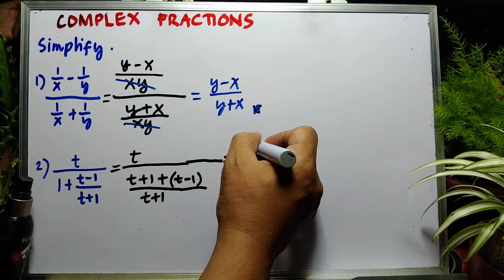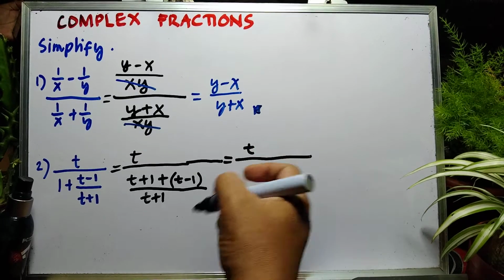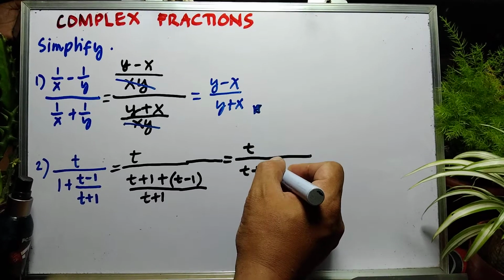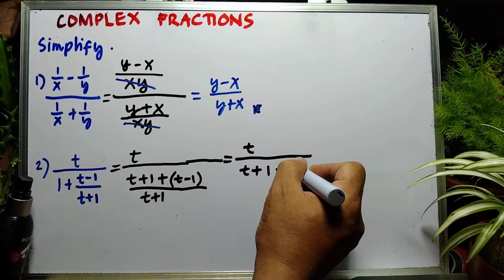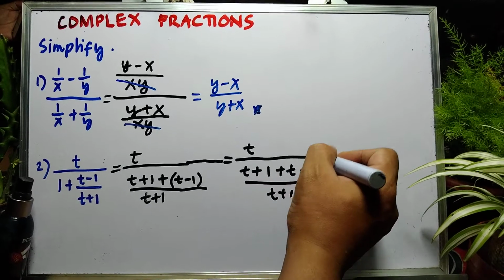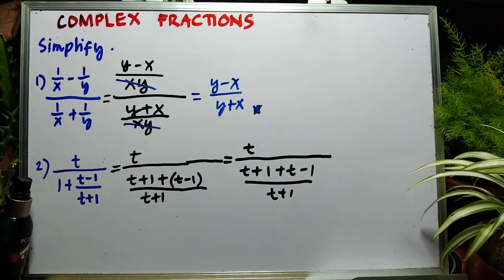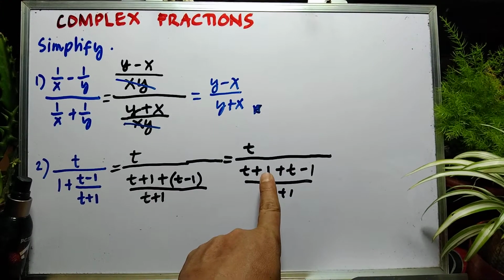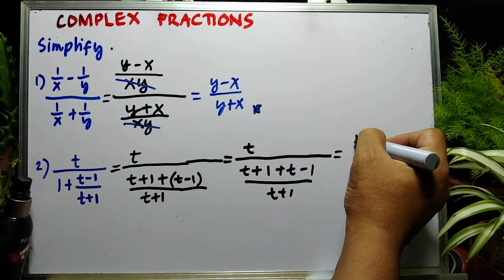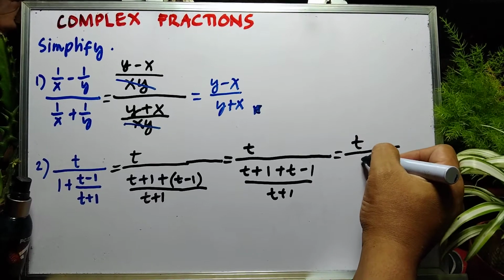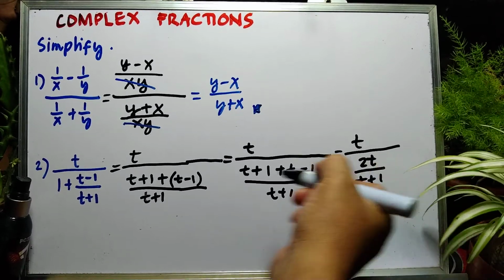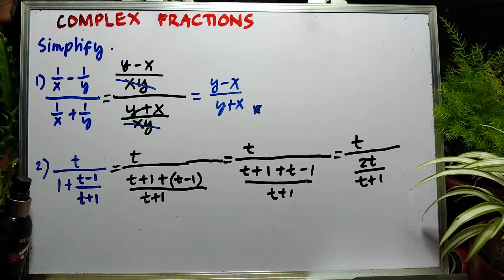So we continue, we copy t, then simplify, you have t plus 1 plus t minus 1 over t plus 1. So from here, we can subtract 1 minus 1, so that is equal to 0, no? So we have now t all over 2t divided by t plus 1. So are we through?